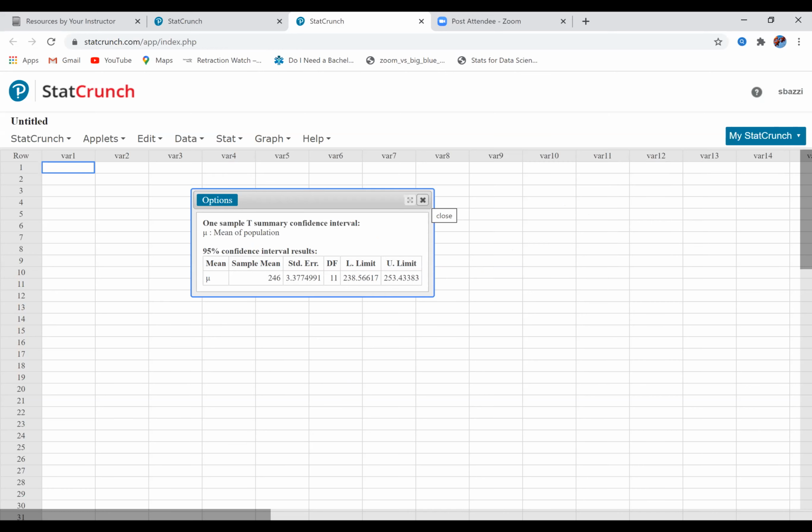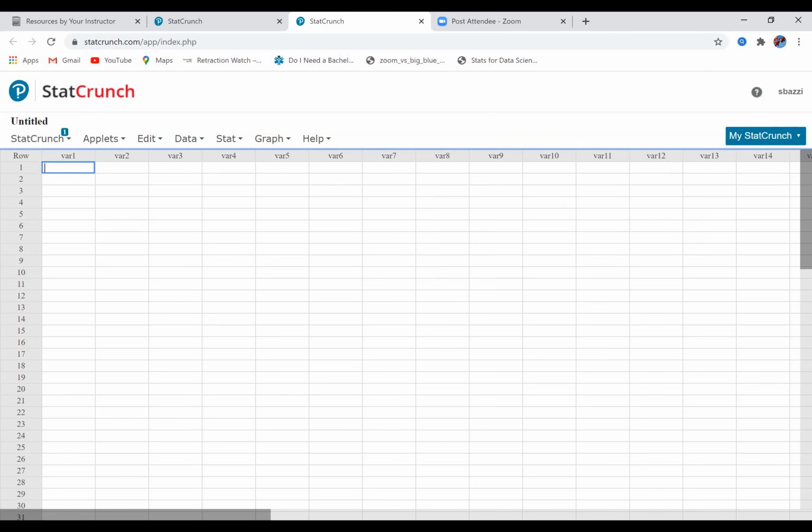Now, if you have a data set, let me show you how you would have done this. Let's say you were doing a problem online and it has a data set. So let me put some data. Online, you just click on the data set and it will open in StatCrunch automatically.